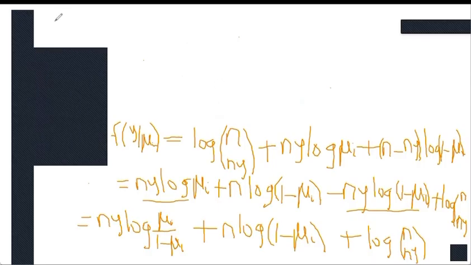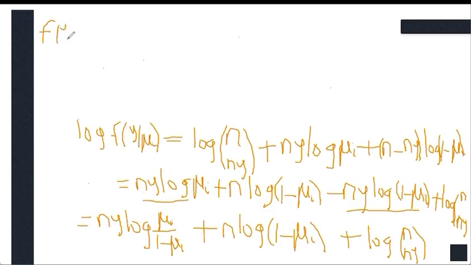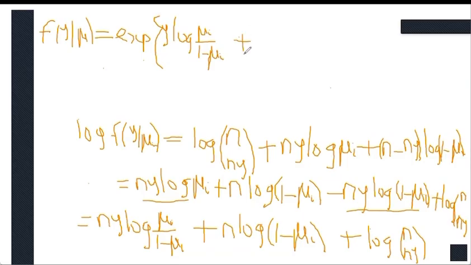Now I'm going to write f of y given mu equals exp of, and I can rewrite this as y log of mu_i divided by 1 minus mu_i, then plus log of 1 minus mu_i.